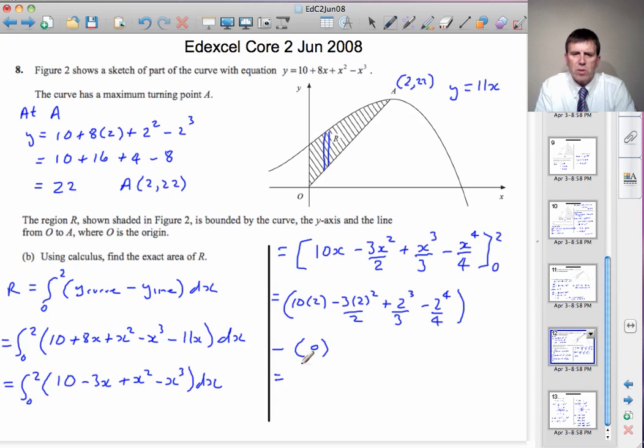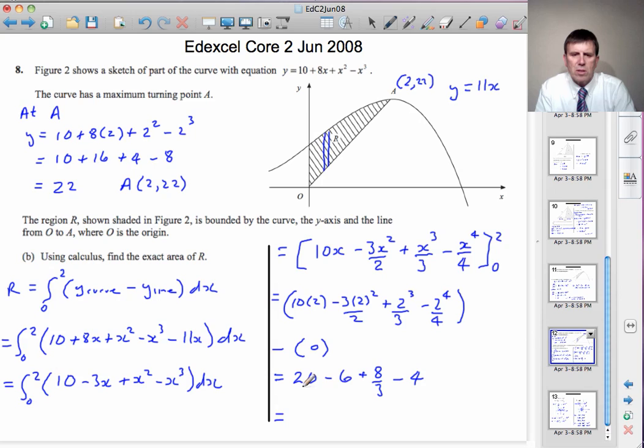So what does that give us? 10 times 2 is 20. 2 squared is 4, minus 3 times 4 is minus 12, divided by 2 is minus 6. This will be 2 cubed is 8, so 8 over 3, minus 2 to the 4 over 4. 2 to the 4 is 16, 16 divided by 4 is 4, so that's minus 4.